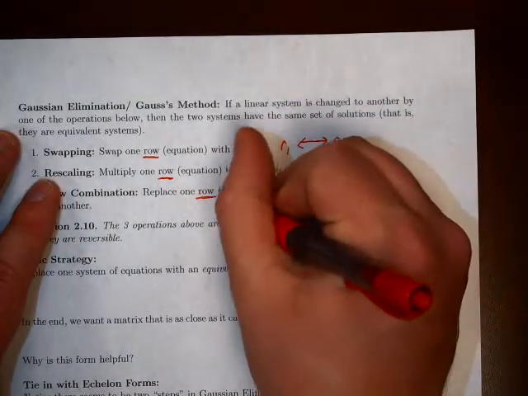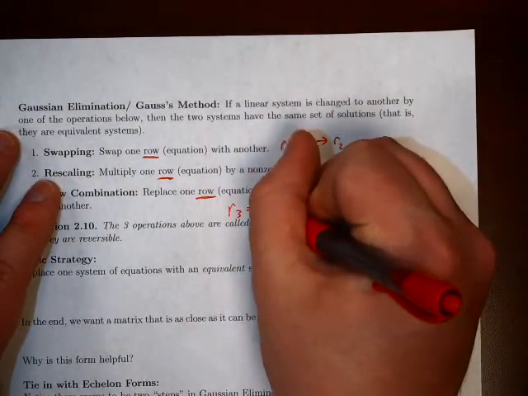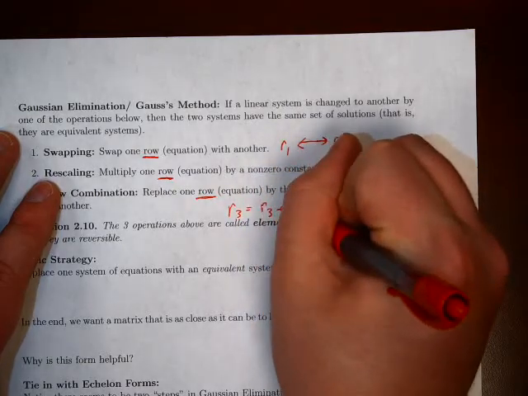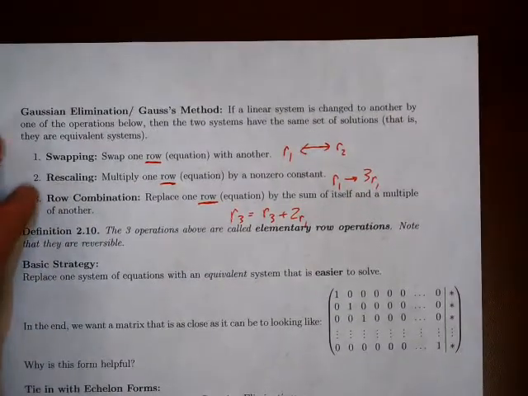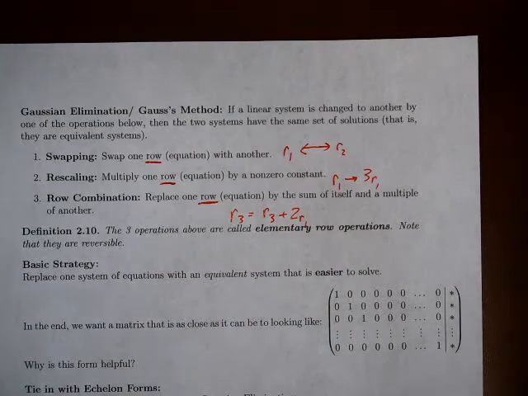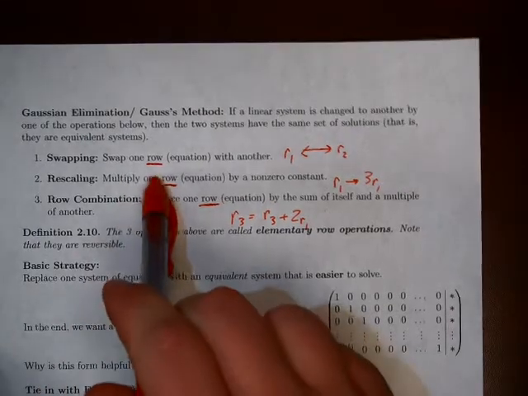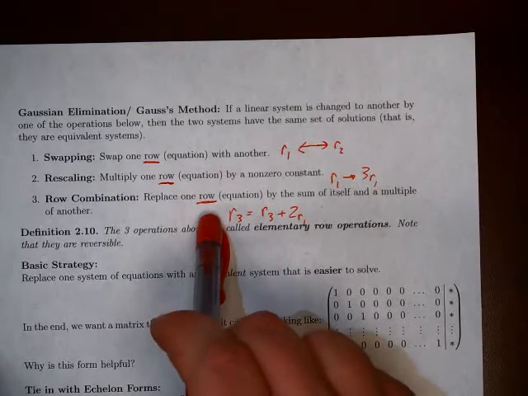So we can do something like row 3 equals row 3 plus 2 row 1. These 3 operations are called elementary row operations. And note that we can undo them. They're reversible.